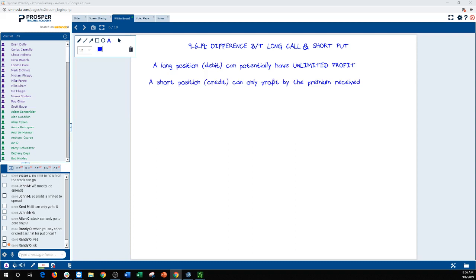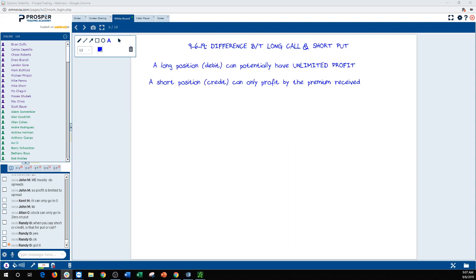Okay, we haven't broken down yet the long call versus short put. This was the initial part of the conversation, just getting down the fact of what can you make from a debit or a long position, and what can you make from a credit or a short position. Okay, all right, cool.